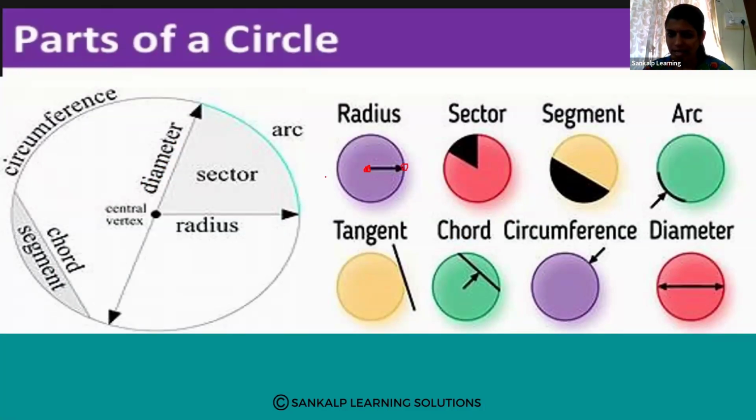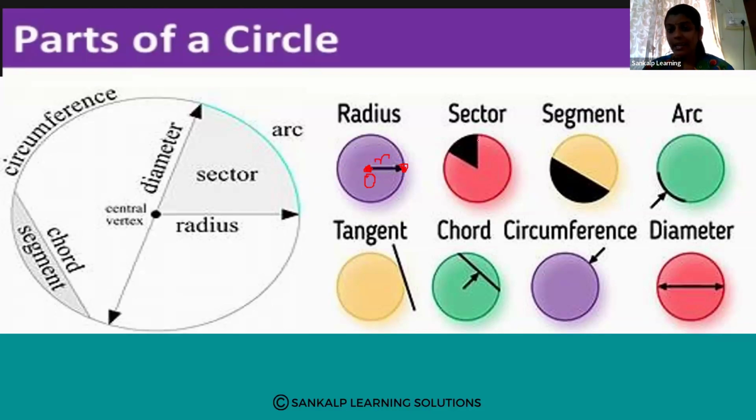See, this is the center of the circle and this is a point on the circle. The distance between the center of the circle and a point on the circle is called radius. If you join the central point to any point on the circle, you call it a radius, and radius can be denoted by small r, right?